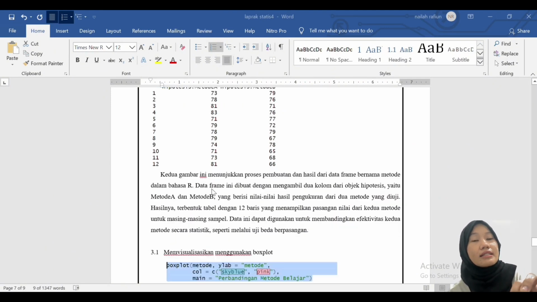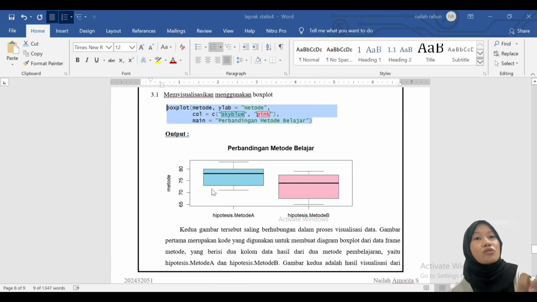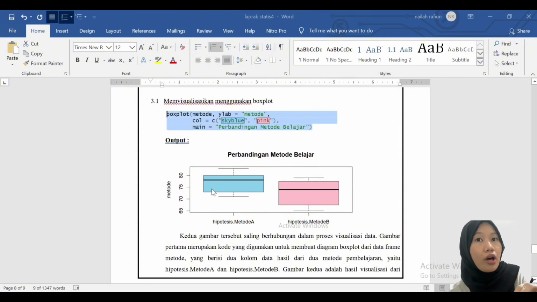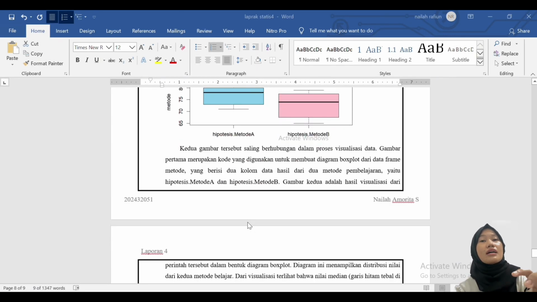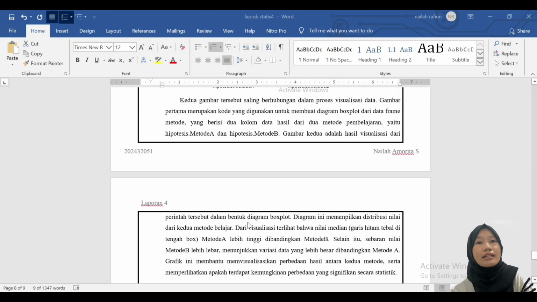Next question is number 3.1. In this question we have to visualize using a box plot. This is the code and this is the output. The two images above are interconnected in the data visualization process.